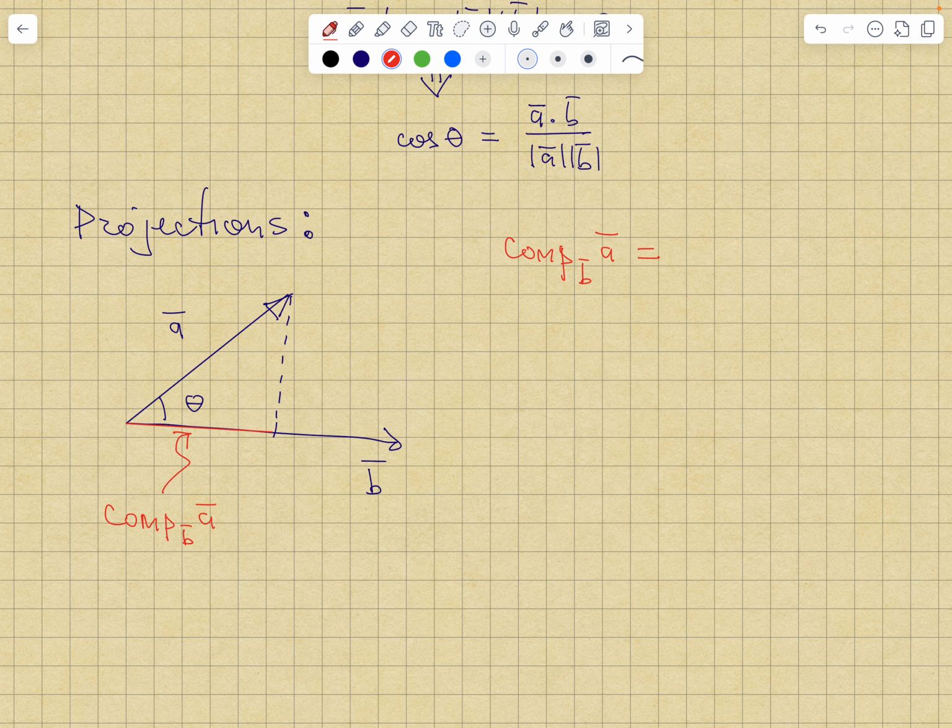This is simple trigonometry. By taking the length of A and multiplying it by cosine of theta.